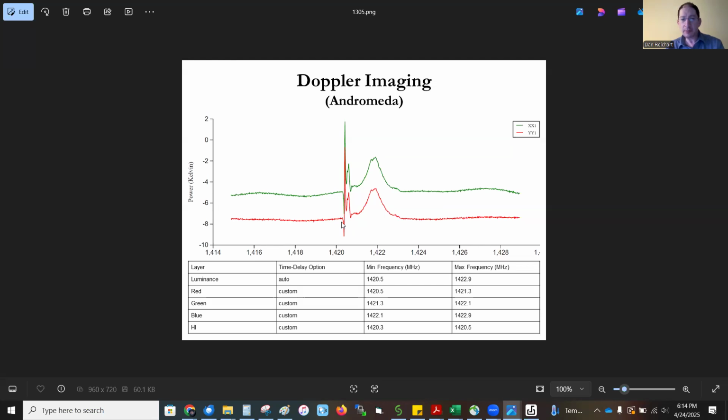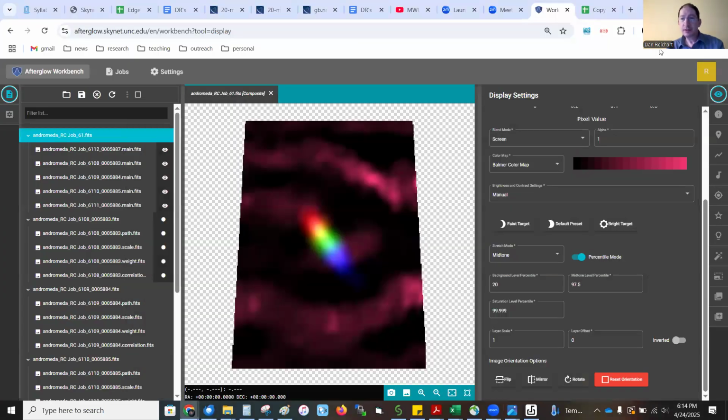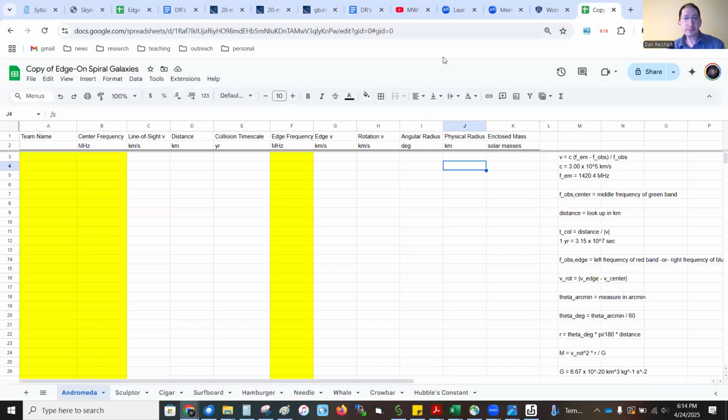And it's very narrow around here. Anyway, we want the center of the galaxy. That was the green band. Here it is. The center of the green band will be the average of these two numbers. So 1421.7. Okay. So you put that here, 1421.7, and that's megahertz.